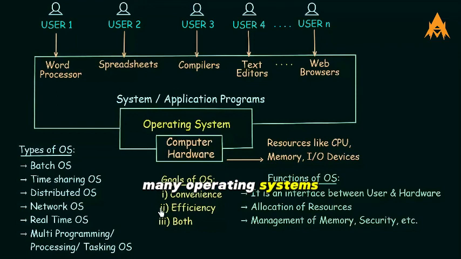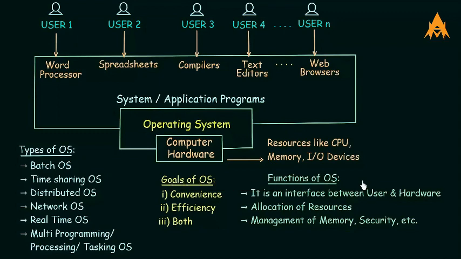Many operating systems are designed mainly for convenience. Some are designed for efficiency, but many of the operating systems are designed for both convenience as well as efficiency. So these are the goals of the operating system, which we achieve by the functions of the operating system.